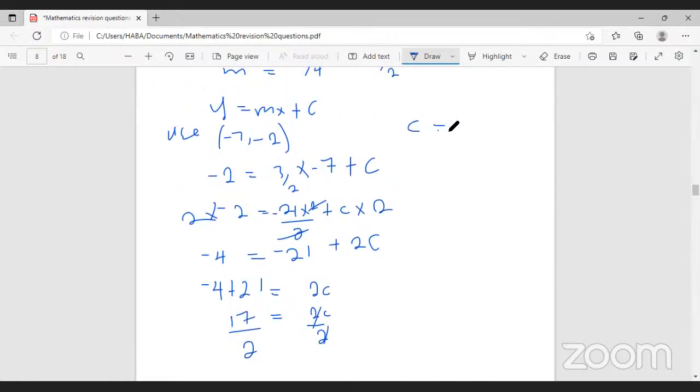Our c now becomes 17/2. I think we are almost done. So y is equal to m, which is 3/2, x plus c, which is 17 divided by 2. And that is the equation. Any questions there?